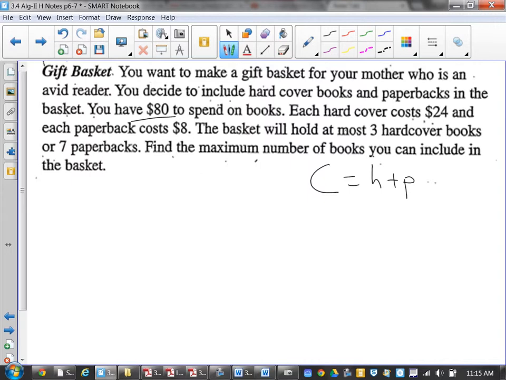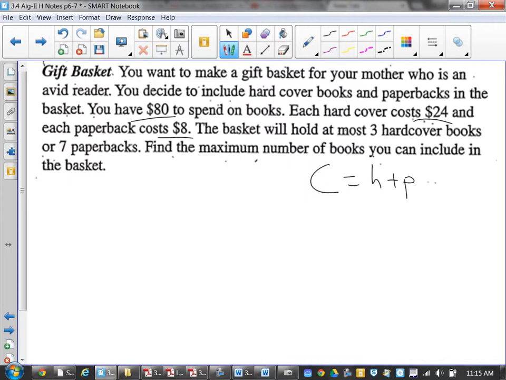How do you make your inequality for the next one you can hold? I'll show you. You go ahead. Is it going to be H has to be less than or equal to 3 and P has to be less than or equal to 7? Yeah, that's right.